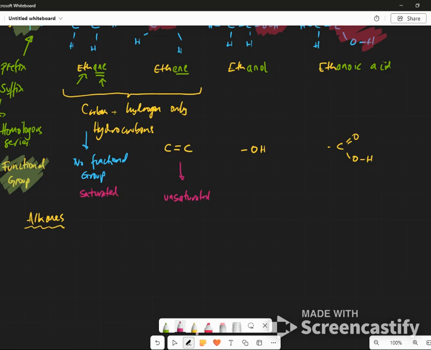So alkanes are often known as saturated hydrocarbons. Saturated, this bit, means it contains only single bonds. This bit means the molecule is made of carbon and hydrogen only. That's a very important word, only.